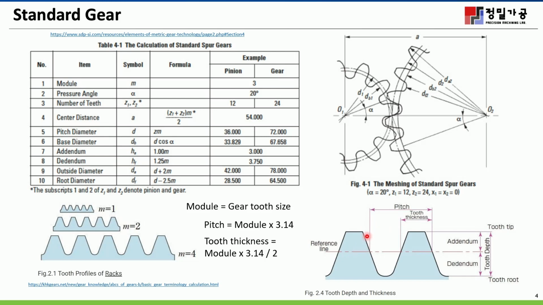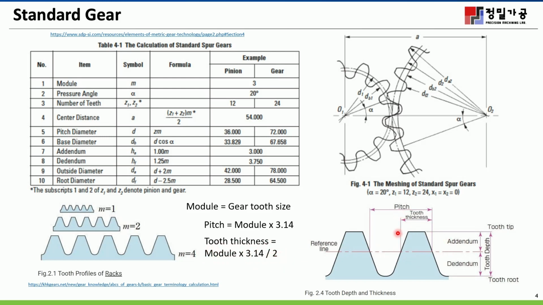And this is called the pitch, the equal spacing between two teeth, and there is the tooth thickness, which is, of course, half of the pitch. So pitch equals module multiplied by pi, 3.14. So the tooth thickness is just divided by 2.